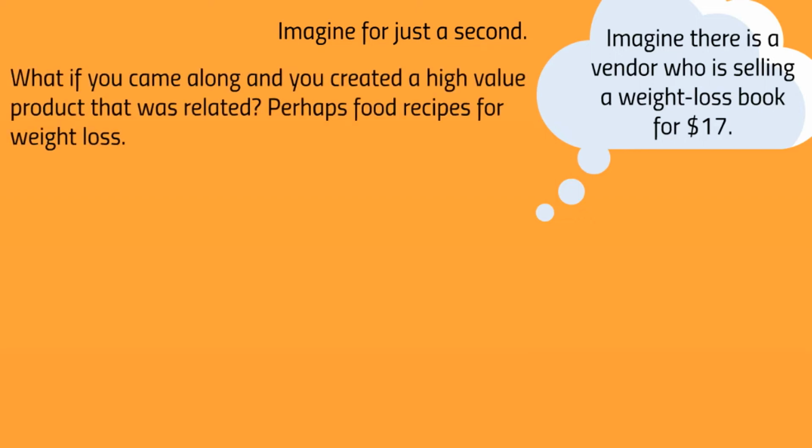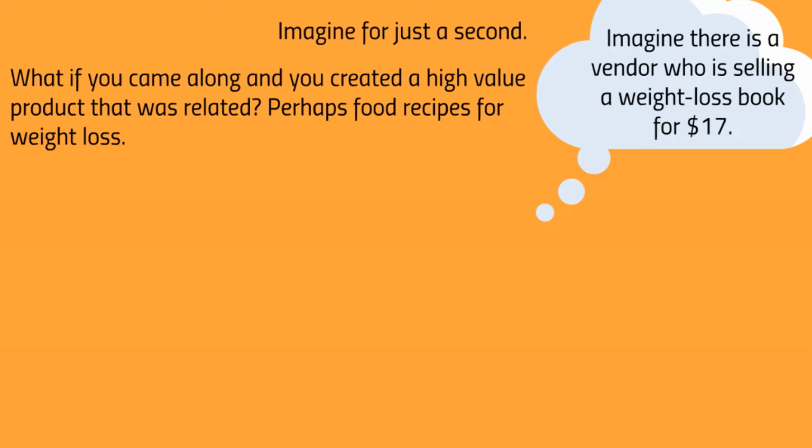What if you came along and created a high value product that was related? That book talks about weight loss, maybe weight training, cardio exercises, and all that, but it talks nothing about food or diet. So you find these vendors that are really focused on this particular aspect, or anything that is not related to food.